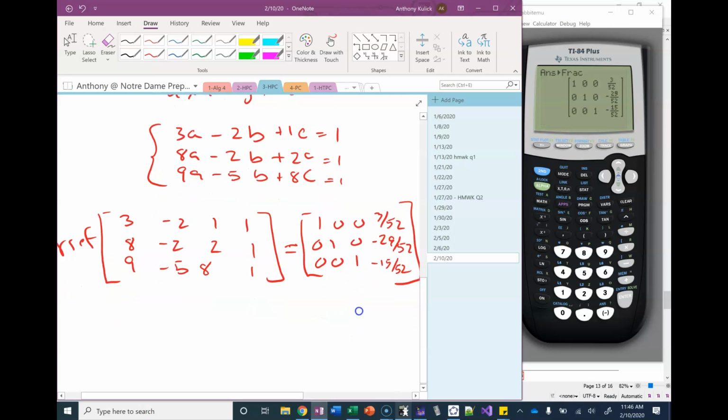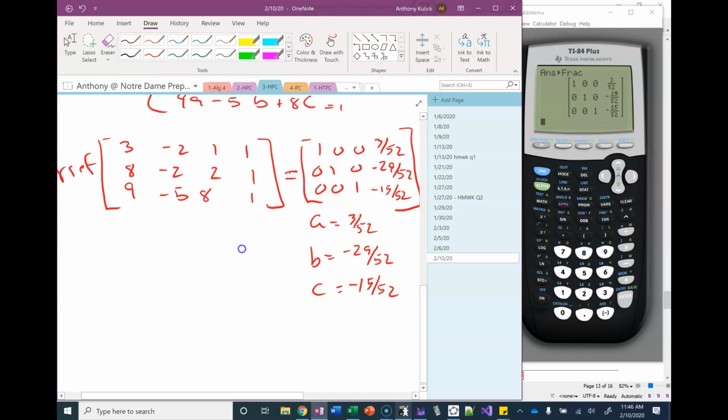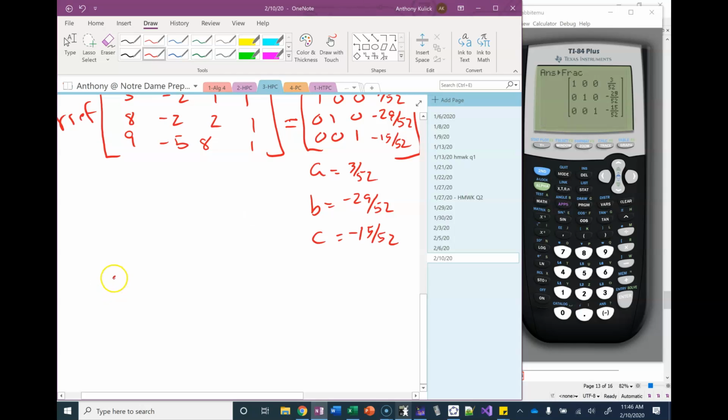Yeah. So what that system does is it tells me my values for my little a, little b, and little c. So what I'll do then is I'm just going to put those back into my equation.